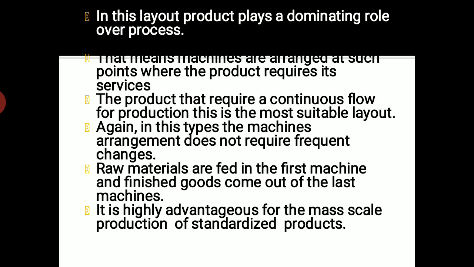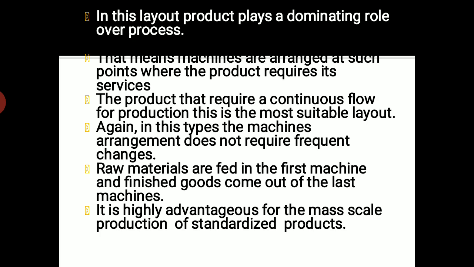It is highly advantageous for mass scale production of standardized products. That means standardized means uniform products where the pattern does not vary much. Say engineering products like bolts or bearings, which are produced uniformly with certain specifications. At that time you need such a kind of layout, which is product layout.